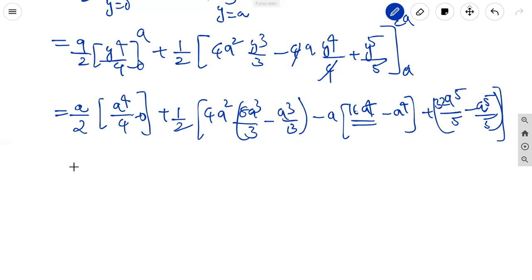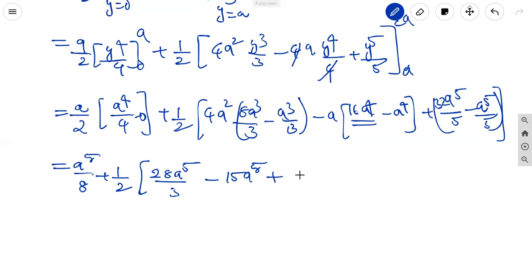It is equal to a to the power of 5 by 8 plus 1 by 2, 7 4s are 28, a to the power of 5 by 3, minus 16 minus 1, 15 a to the power of 5, plus 31 a to the power of 5 by 5. 5 3s are 15, a to the power of 5 by 8 plus 1 by 2.